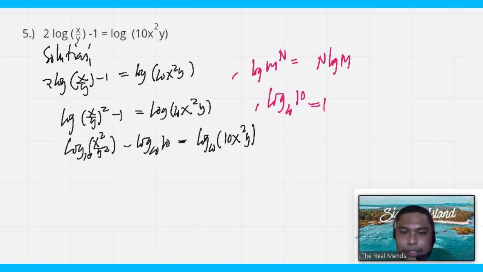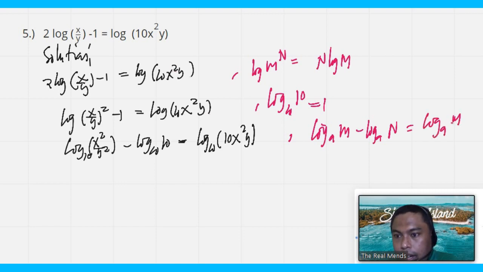What is that property? Again, if we have log of m minus log of n, it is just equal to log of m over n.